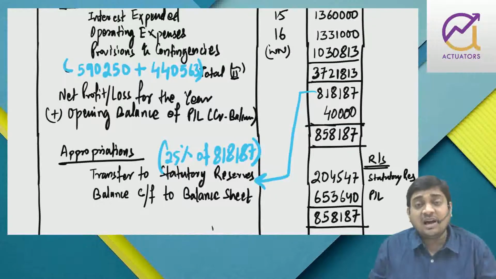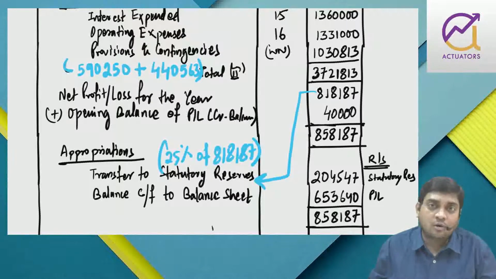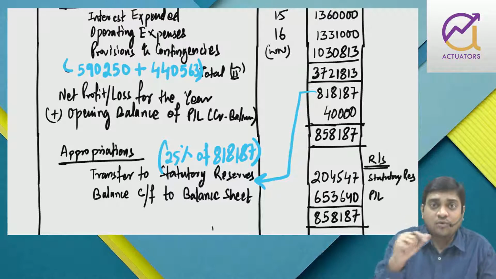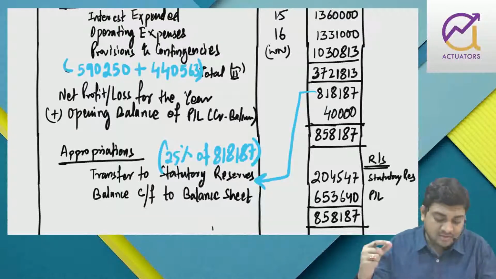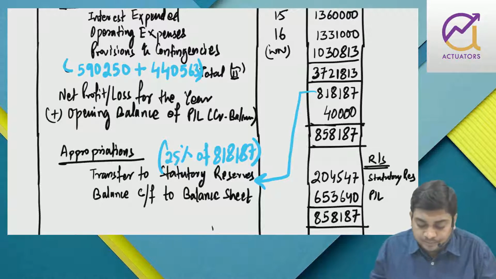And those who haven't done accounting standard 13, that is accounting for investments, we know that short-term investments, or commonly known as current investment, should be valued at cost or market price, whichever is lower. So there will be fall in the market price, right, in the value of investment. So that we need to show. Anyway, I'll show you how to do it.